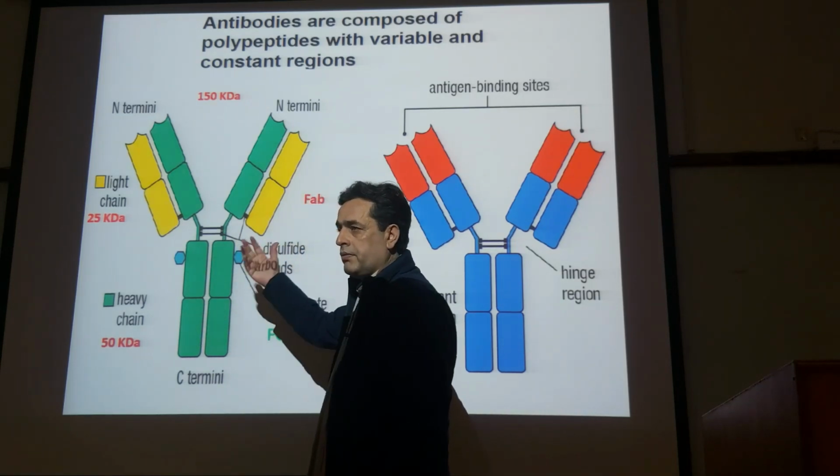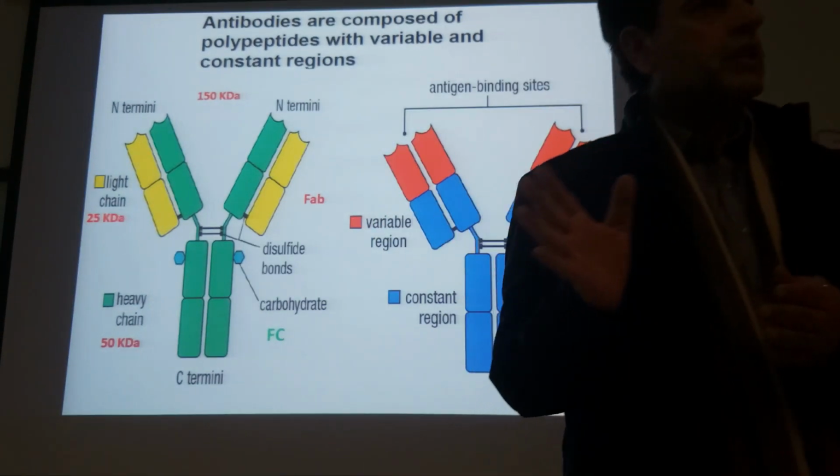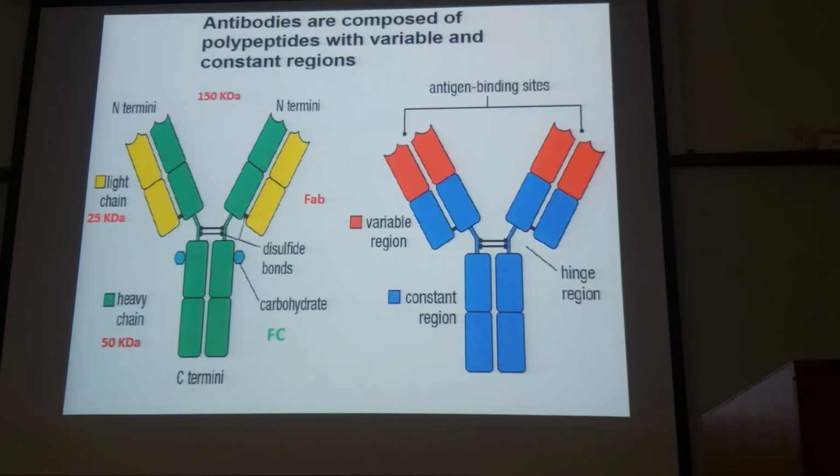For instance, this FC region has FC receptors on many different immune cells, for instance on mast cells and other cells.